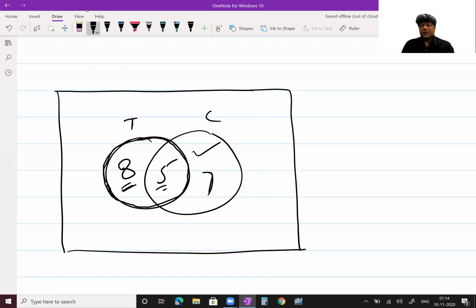It could have been that only 4 will go here and 3 will go outside, or 5 will go here and 2 outside. Nobody will come outside these two circles if the question says that every student must like at least one of these two drinks. So obviously total 20 minus 13, 7 here. Then the question will be proper.